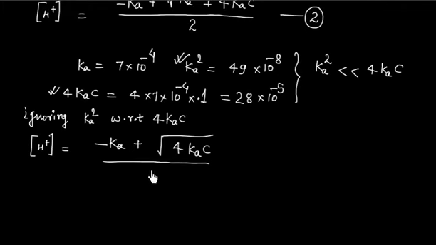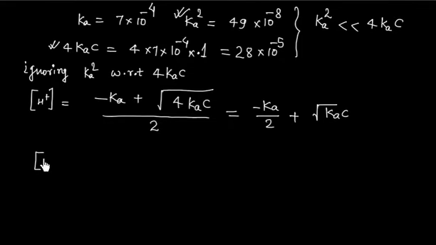Now I will have minus Ka by 2, and this 2 outside the root cancels out, so I will have under root Ka into C. So the concentration of H plus equals under root Ka into C, and this is basically minus here, so I will have minus Ka by 2.